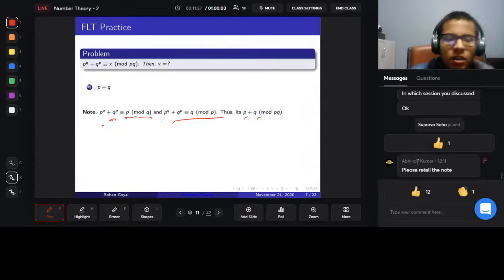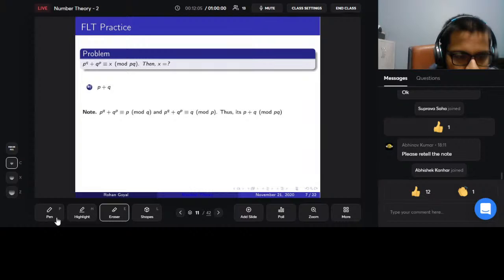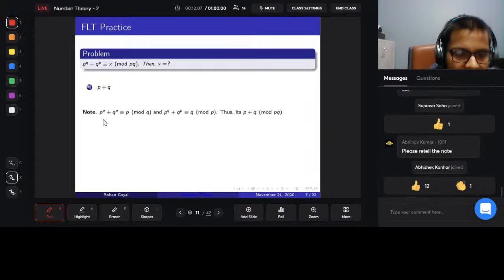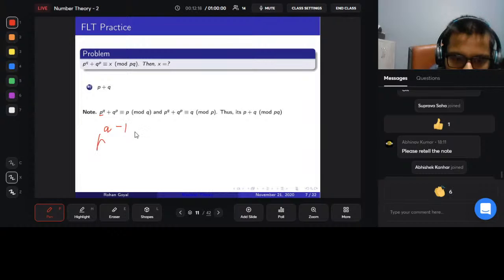Okay. So you see that p to the q. Observe that p to the q minus 1 equals 1 mod q.